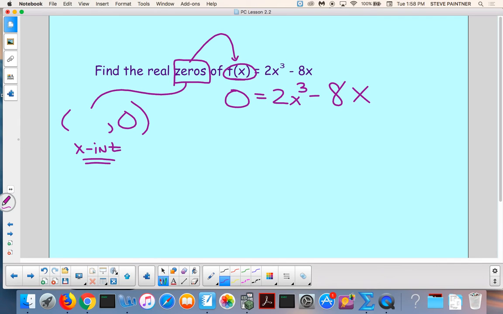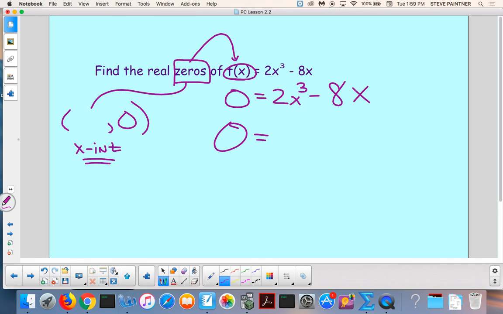You should try it without your calculator. So what do you think? 0, 0. Okay, you got one of them, 0, but that's using your head doing trial and error. 0 is the answer. You're right. But there's more zeros, yes. Plus or minus 2.